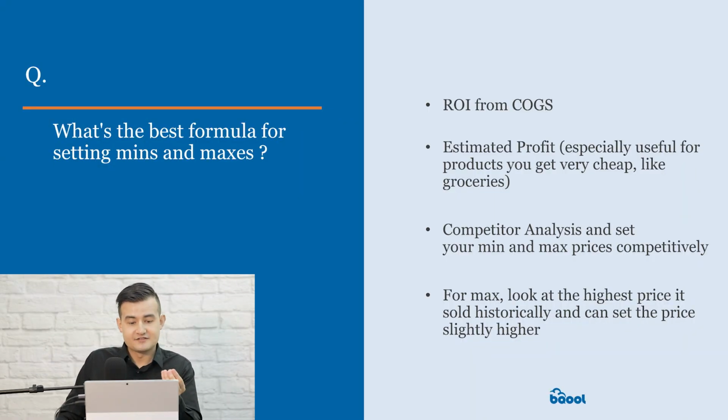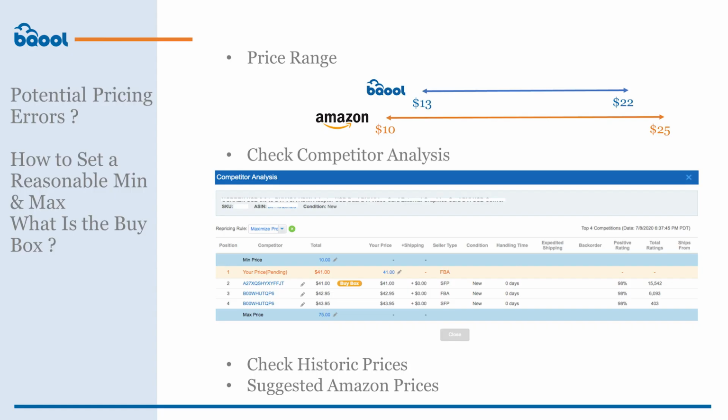The question we get asked is, what's the best formula for setting the mins and max? And there are several different ways. First, we've done the ROI from the cost of goods sold, or also the estimated profit. And then what we recommend you to do is to use our competitor analysis tool. It's really simple here.